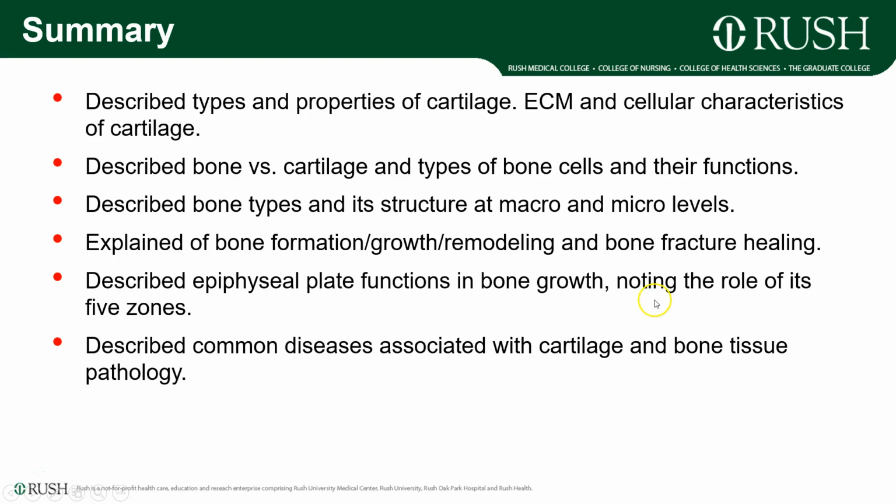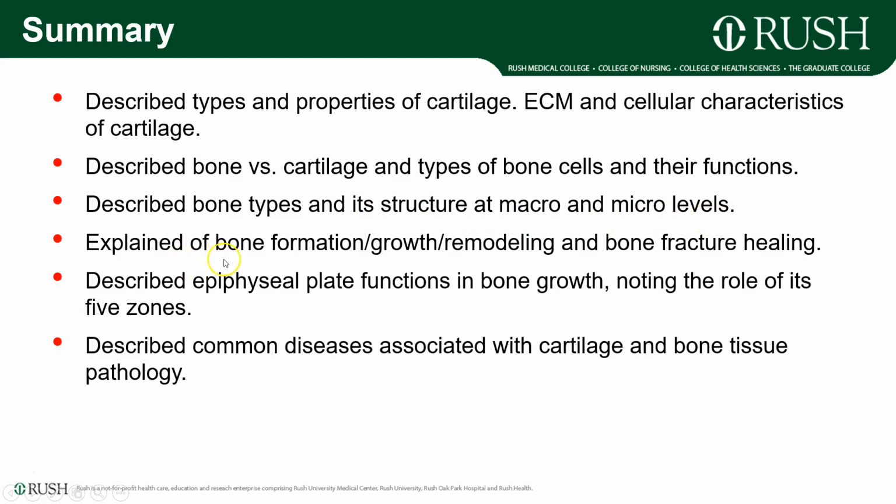So to summarize what we have discussed, we discussed the different types of extracellular matrices of cartilage and the cellular characteristics within. We looked at the bone and cartilage differences and the types of bone cells that there are, types of bones, and structure of bone at the macro and micro level.